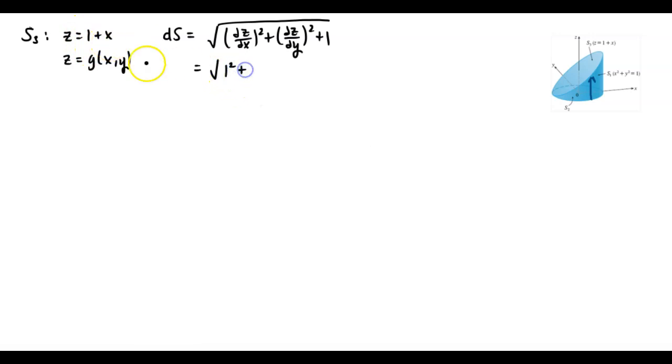That'll be 1 squared plus. The partial with respect to y, I don't see any y, so this will just be a 0. And then plus 1, giving us a dS of the square root of 2.